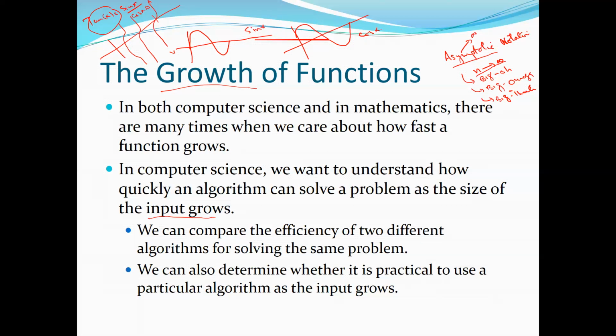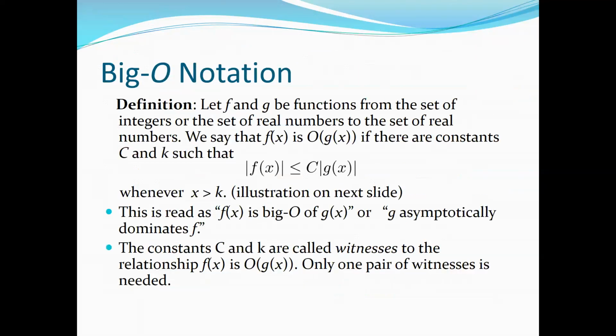So we have three notations: big O, big omega, and big theta. Let's see what those are. First of all, let me discuss the big O notation. Suppose f and g are two functions from the set of integers or the set of real numbers to the set of real numbers.